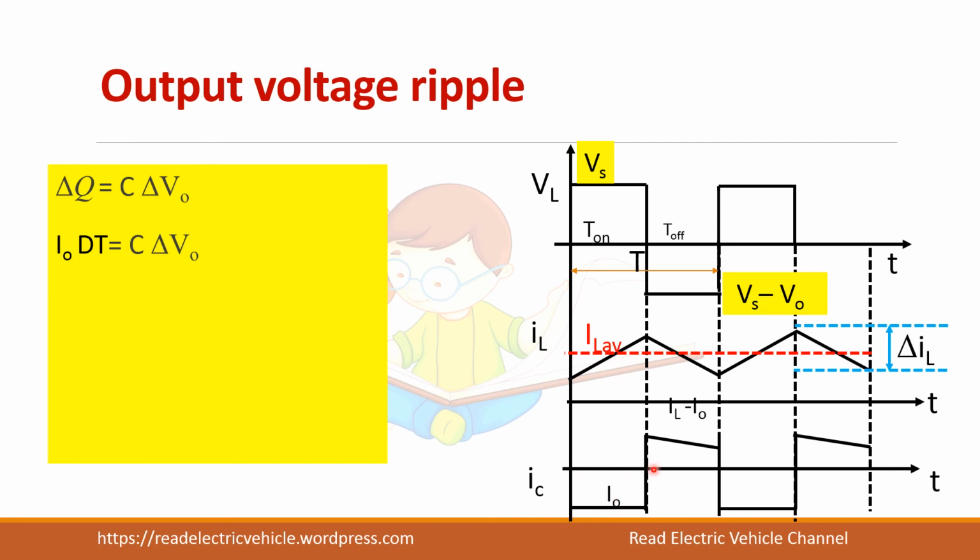So this is the time period T on, that is equal to dt, and the height is I naught. So I naught into dt is equal to this. From this you calculate this. I naught can be written as V naught by R. So the output voltage ripple is equal to this, and the output voltage ripple is also inversely proportional to frequency as well as the R and C components.